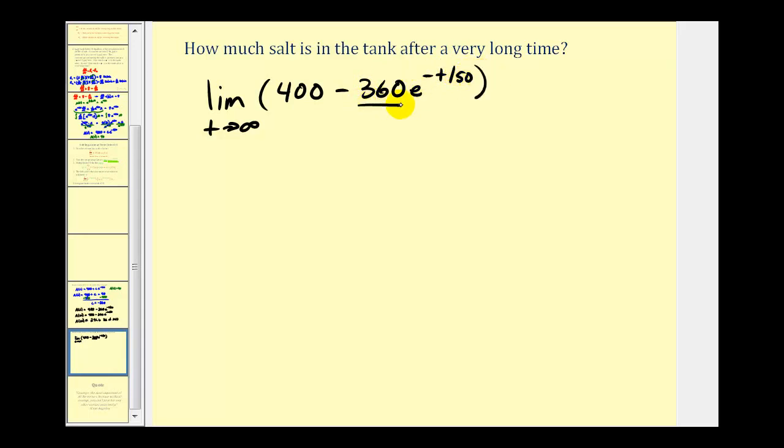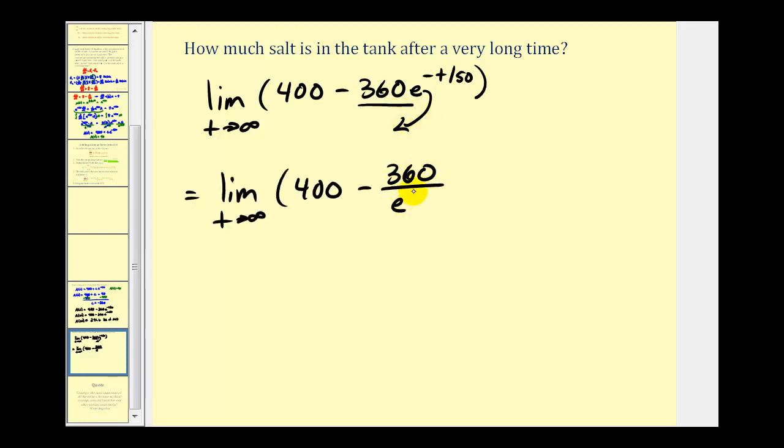But I'm going to go ahead and make this a fraction, move this down to the denominator to help us find the limit. And we should recognize that as t approaches infinity, or gets larger and larger, so does this denominator, and therefore this approaches 0. Therefore the limit is equal to 400. This would be the amount of salt in the tank after a very long time.